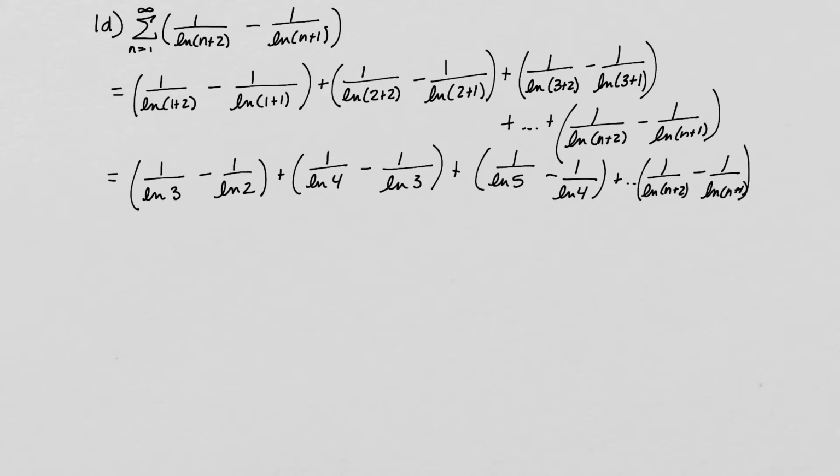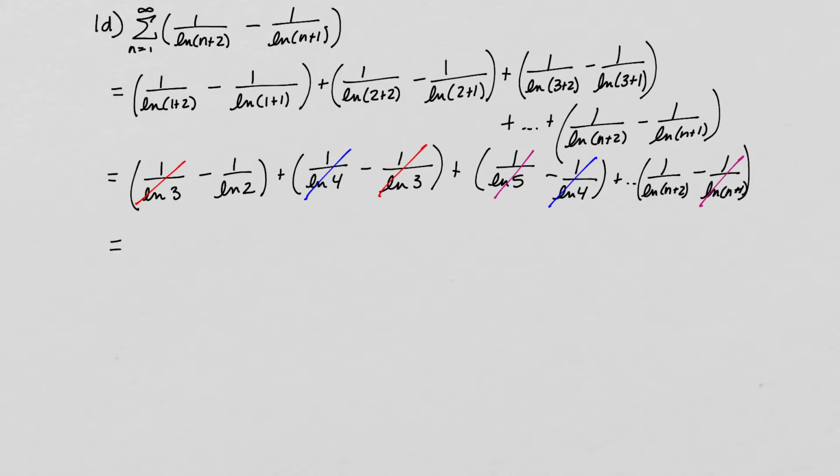Okay, so if you notice, the first piece of this term cancels the second piece of the second term. The first piece of the second term cancels the second piece of the third term. This 1 over the natural log of 5 would cancel the second piece of the next term. So eventually, this second piece is going to get canceled because the second piece is what gets canceled out first.